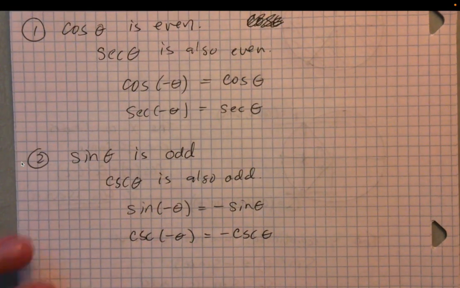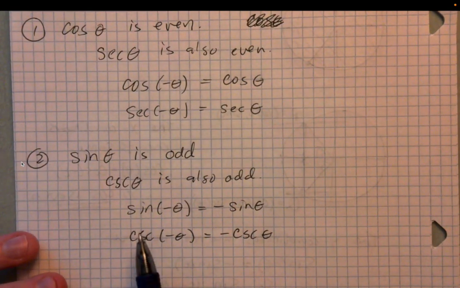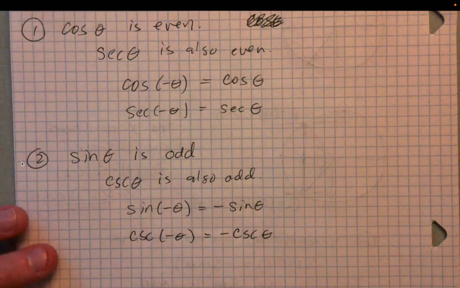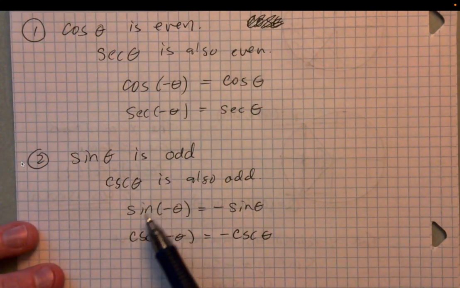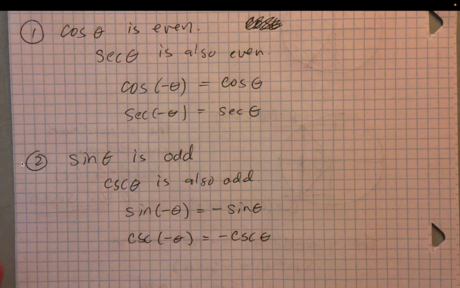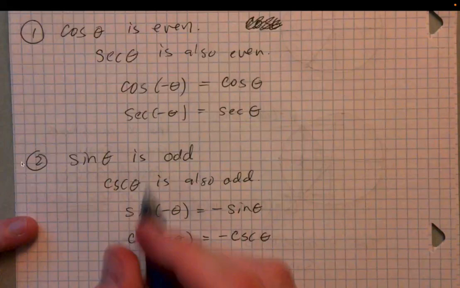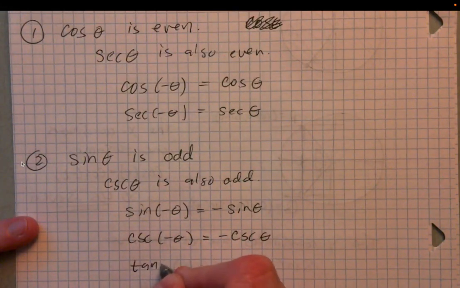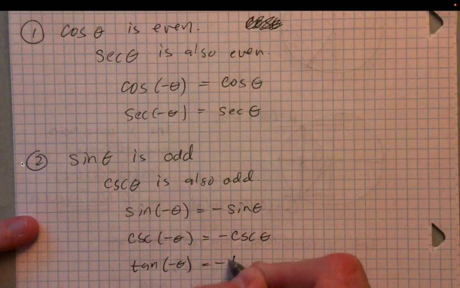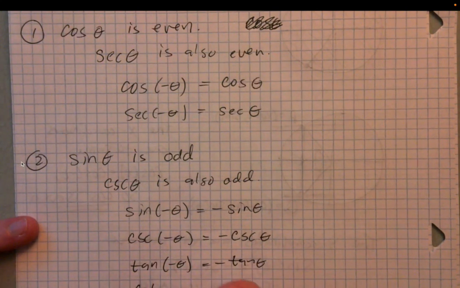Probably the simplest way to get to that fact is that we haven't really talked about it yet, but the tangent can be thought of as a division, a ratio of cosine and sine. And the cotangent is as well. So if you've got an even and an odd function multiplied together, the result is going to be odd, right? And so consequently, tangent of negative theta is equal to negative tan theta, and cotangent of negative theta is equal to negative cotangent of theta, right?